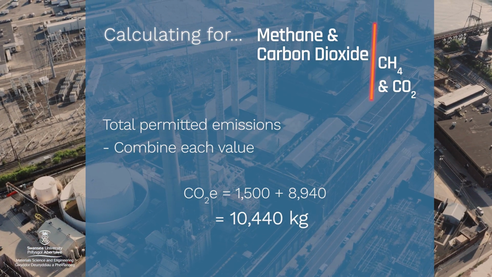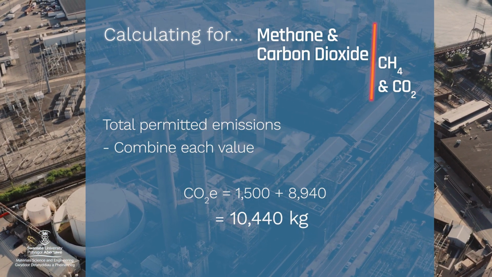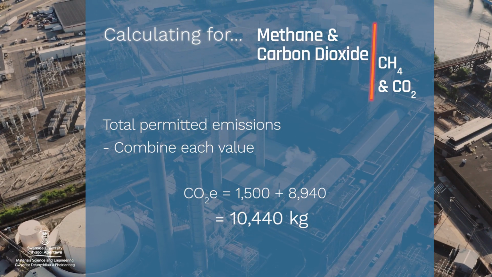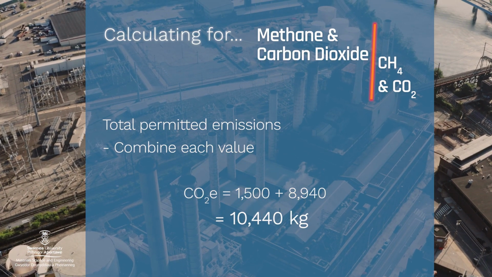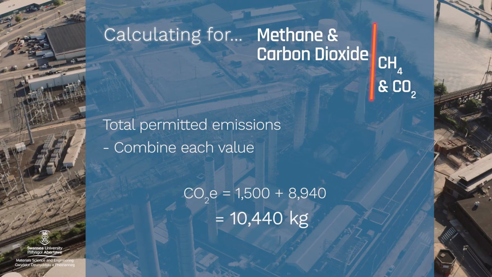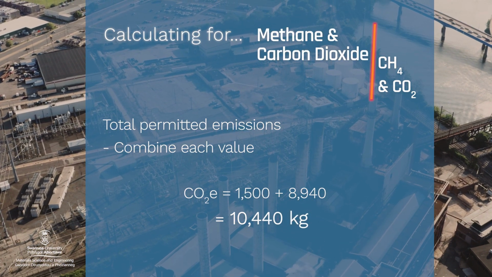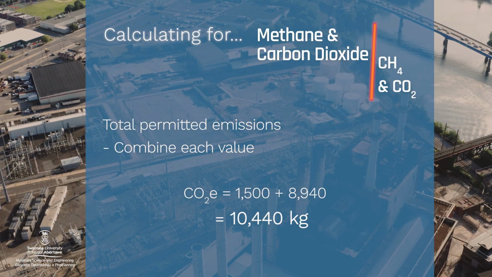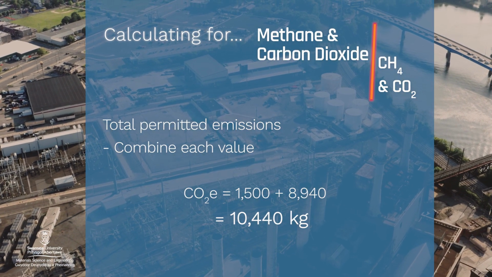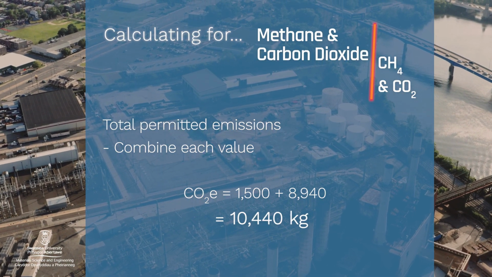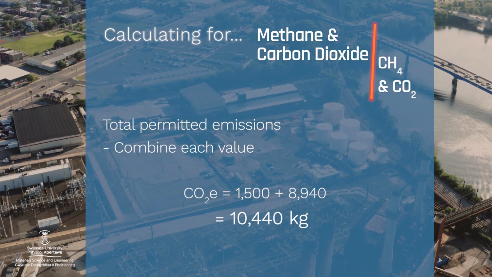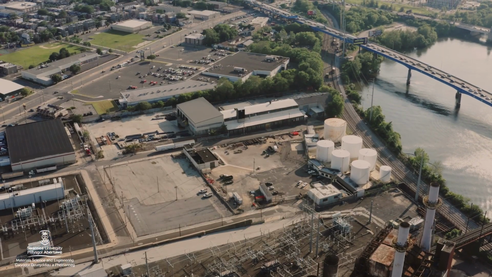combined to assess the company's permitted emissions, such as that accommodated by the UK Emissions Trading System, or ETS. Adding those values together would give us a total of 10,440 kilograms CO2 equivalent for all emissions related to that operation.